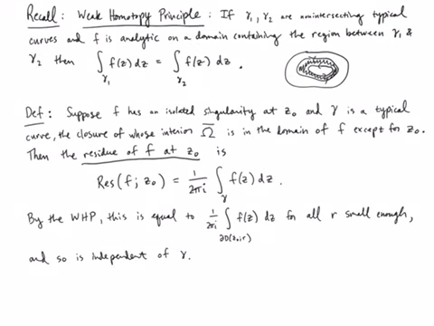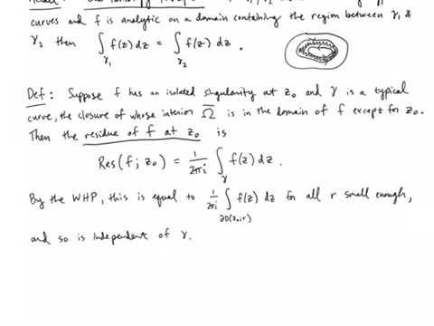And so basically our picture looks like you have your domain, you have your singular point, which is at z0, and then your gamma is just this typical curve, and the curve and everything inside of it is contained in the domain of f, except at this center point z0.